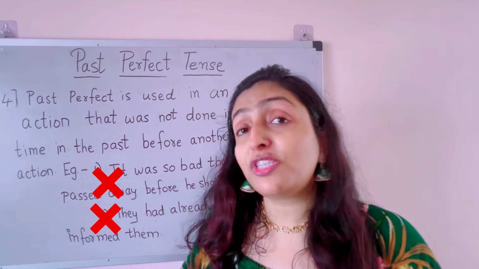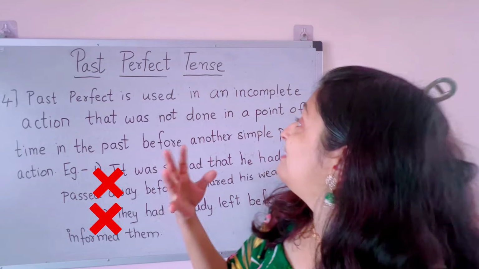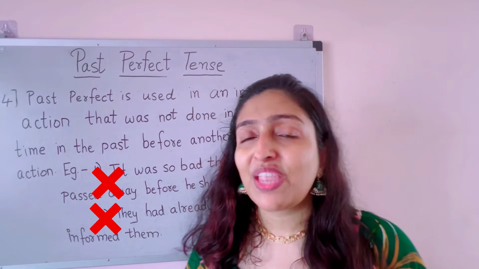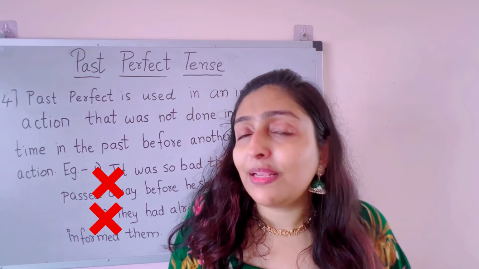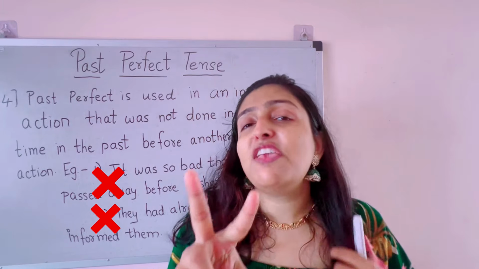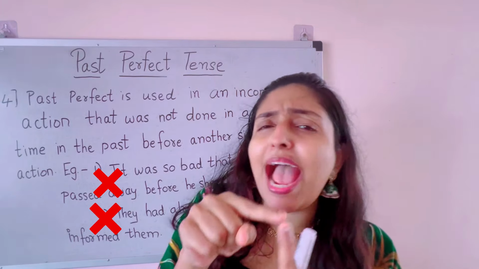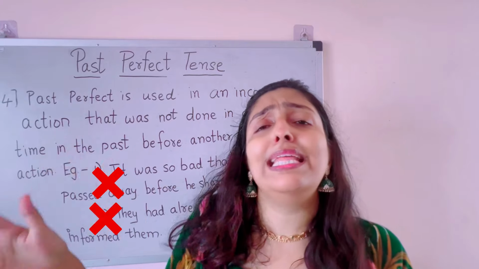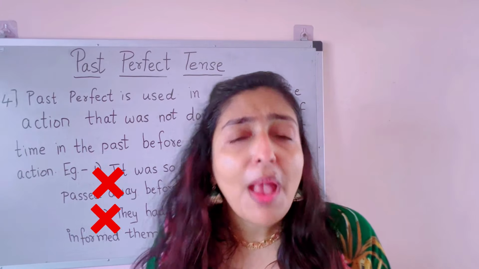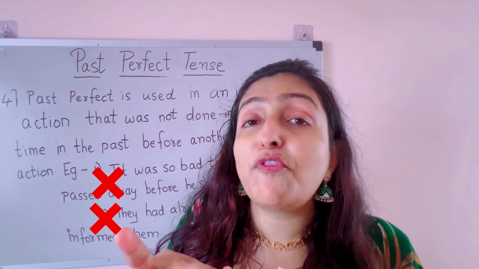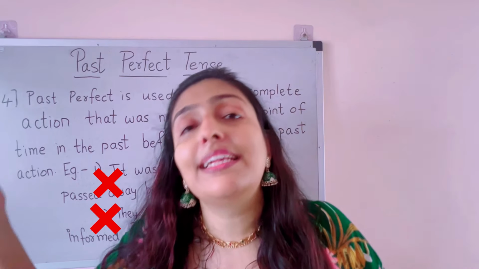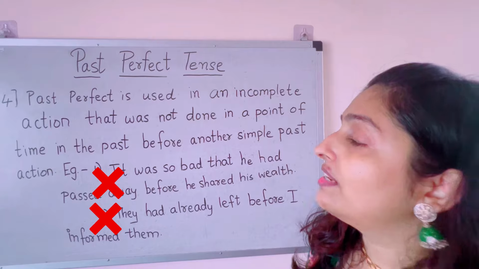It could not be done in the past. I hope you are getting it. You can see for yourself in the examples that there are two events or two actions. One action has occurred in the simple past, but the second action, which is in past perfect, remains incomplete. Let's have a look at the examples.